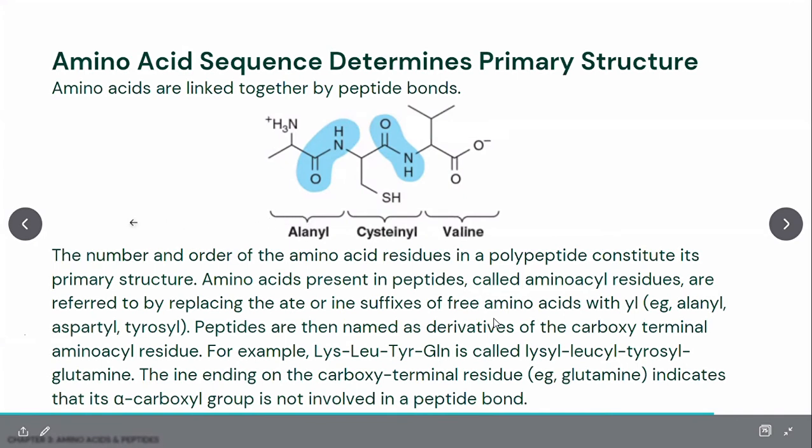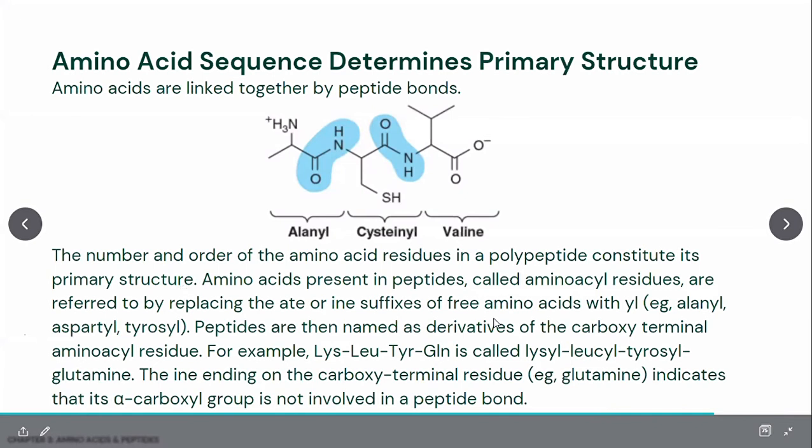Like glycine, methionine, serine, alanine, cysteine, valine. You don't call it valyl because this is the end. This is the last. So the number and order of the amino acid residues in a polypeptide constitute what we call primary structure.